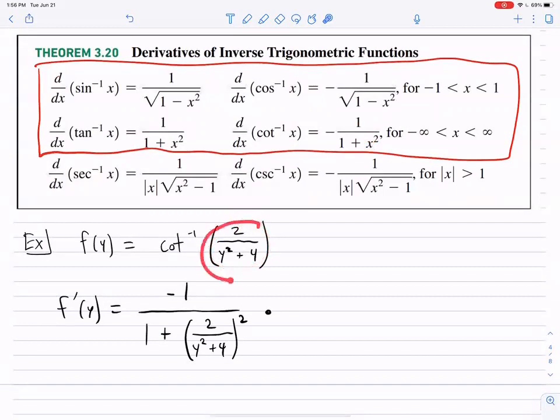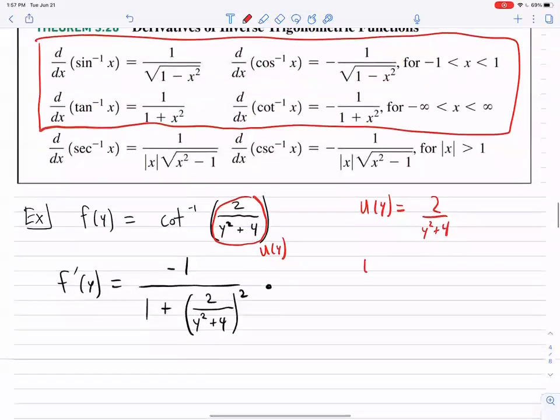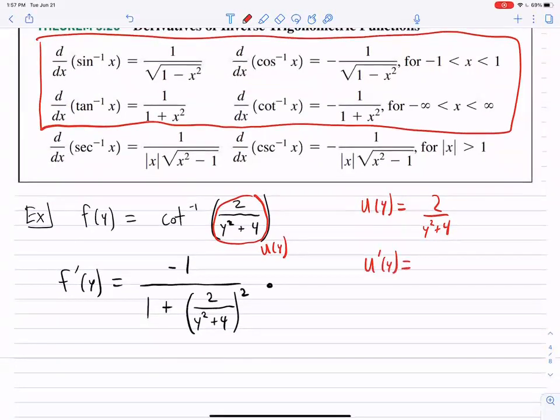And the derivative of this inside function, well, let me do this kind of scratch work on the side. Let's call this function right here u of y. So u of y is going to be 2 over y squared plus 4. What is the derivative of that function? Well, we can just do the product rule, right? Or the quotient rule. The quotient rule says low d high.